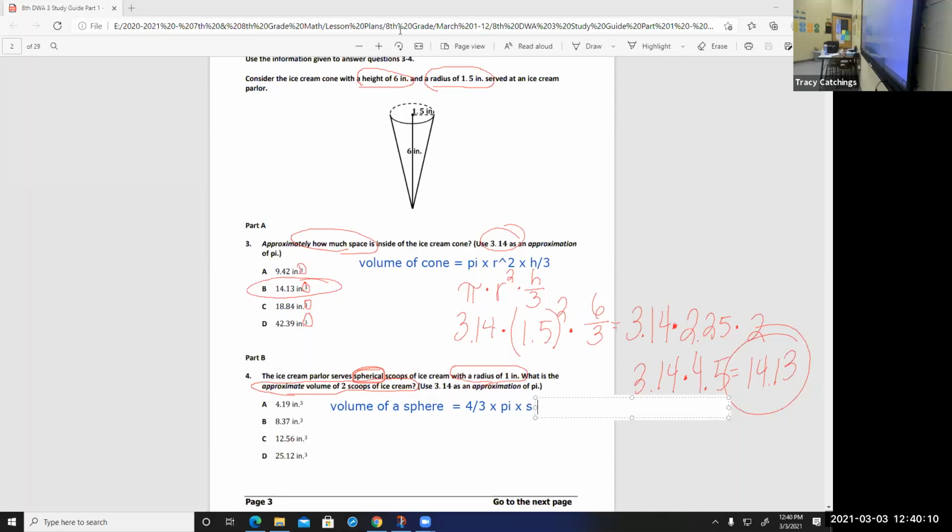Uh-oh, hold up. What did I say? Volume of sphere. 4/3 times pi times r to the 3rd power. That's it. Yeah, like this or something.